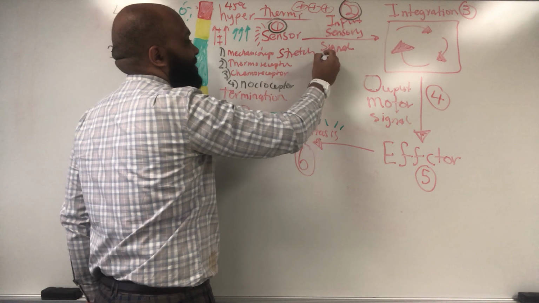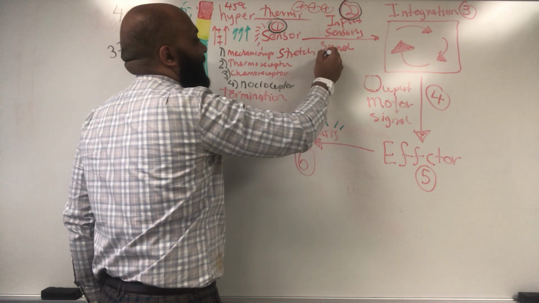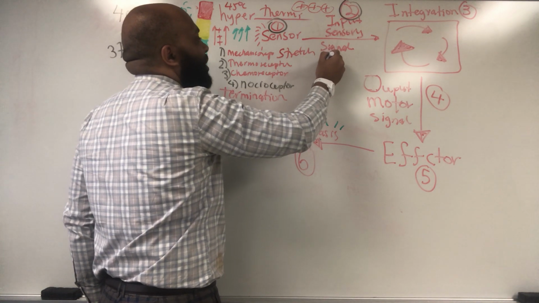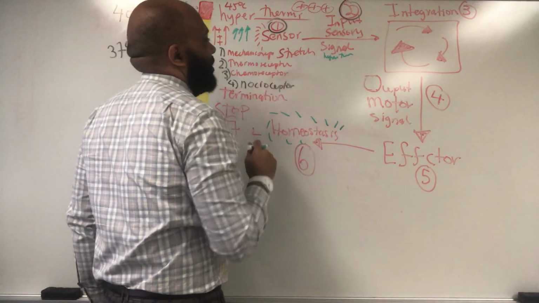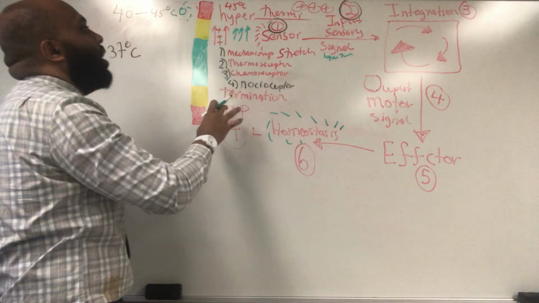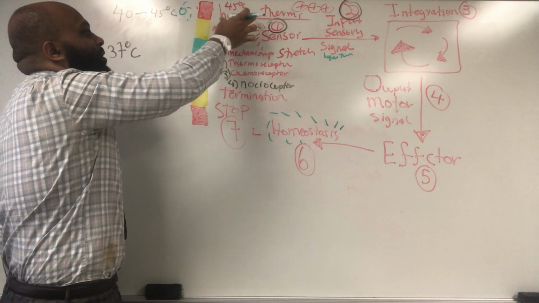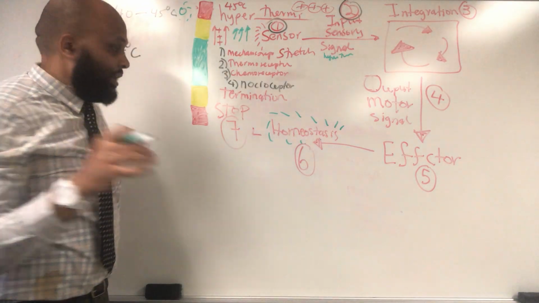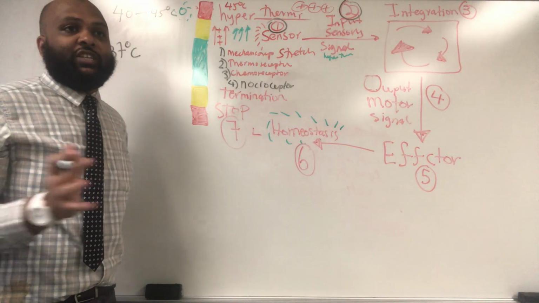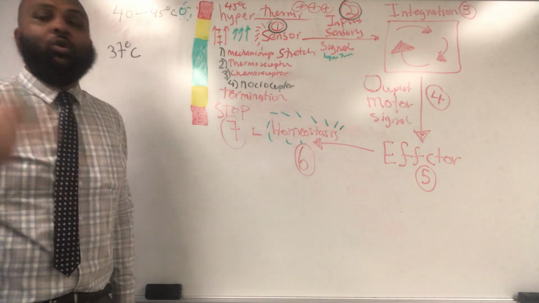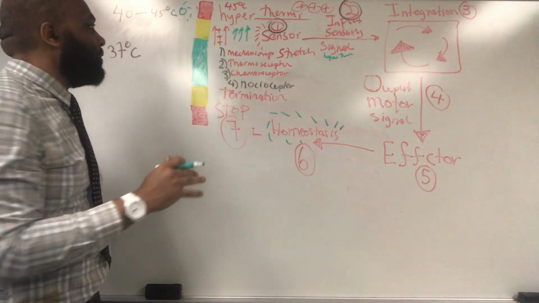The input sensory signal will say that help, there is hyperthermia. We don't want hyperthermia. That's stress. If you go up, hyper something, that's stress. If you go down, hypo, that's stress. We don't want either stress. We don't want hyper anything or hypo anything. We want you.